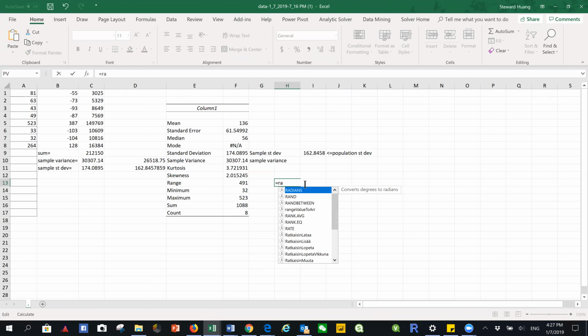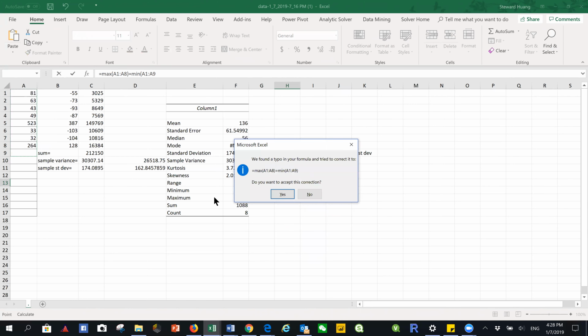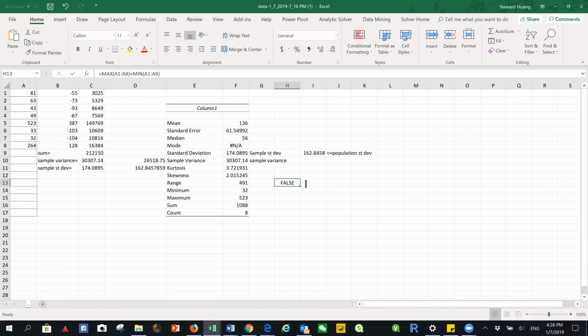There's not such a function. So what you need to do is to calculate the maximum of this, minus the minimum of that, and you'll get the range. Okay, you see? So that's the range. You get it.